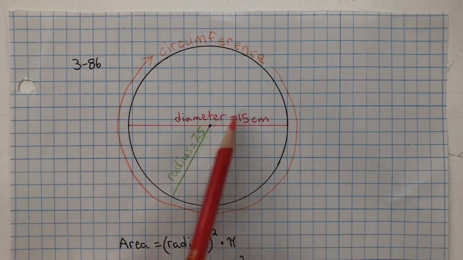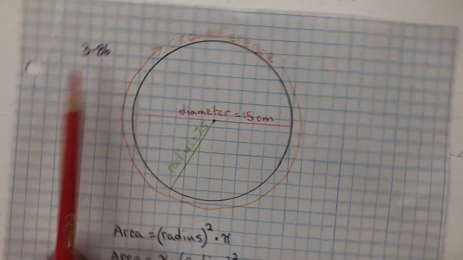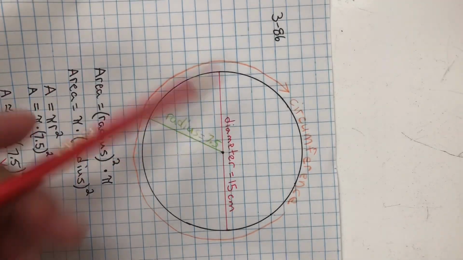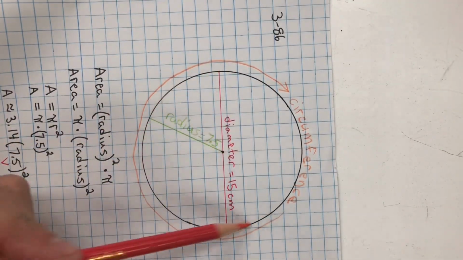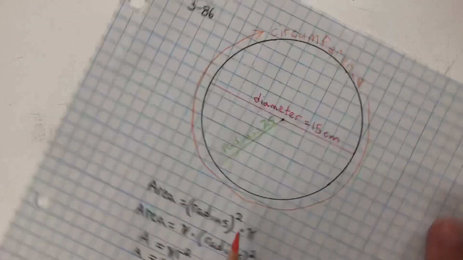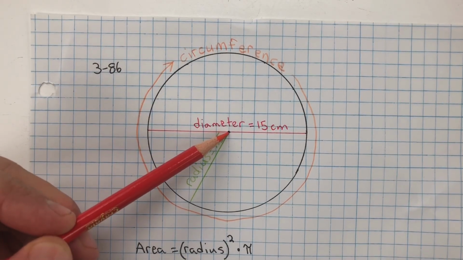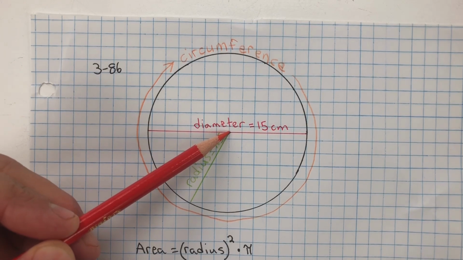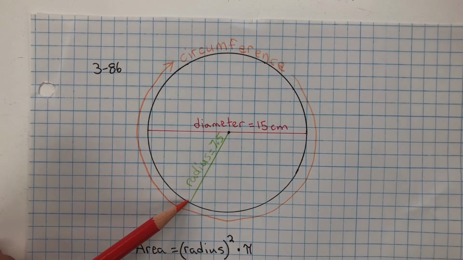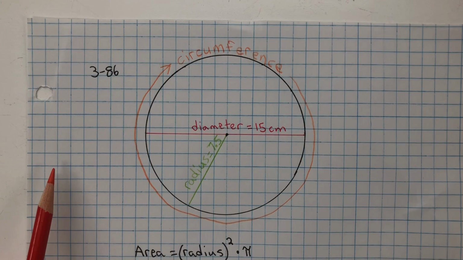The way I remember diameter is if you go across, creates the letter D. D for diameter. And I remembered radius by standing in the middle and shooting a ray out to the edge. Radius.